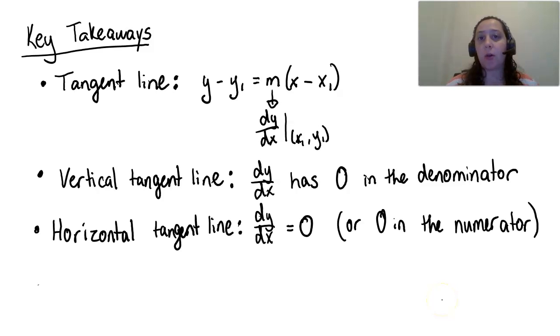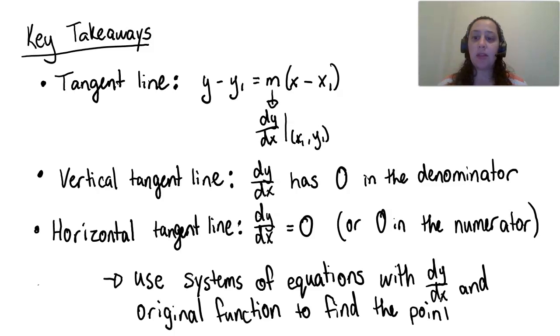If you're asked to find a horizontal tangent line, dy/dx must equal 0, or you have 0 in the numerator if it's a fraction. And finally, in order to find the coordinate, use systems of equations. Remember, your two equations are your dy/dx and your original function, and you'll use those to find the point. Always remember to persevere, mathematicians.